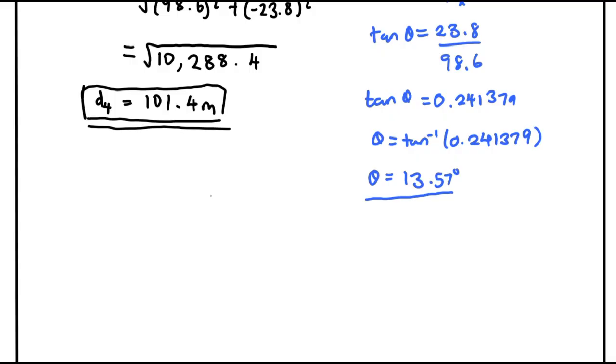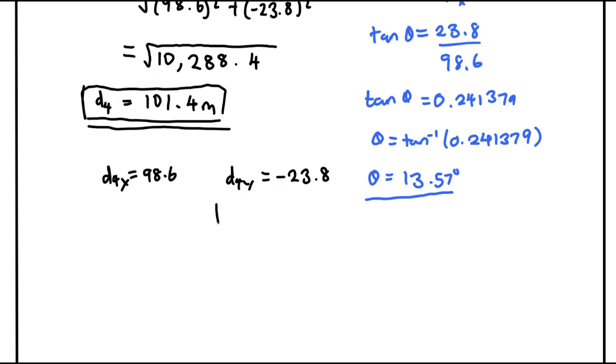To get the final direction of d4, we have to look at the values of d4x and d4y. d4x was 98.6, d4y was negative 23.8.